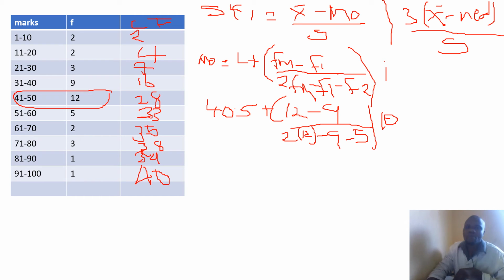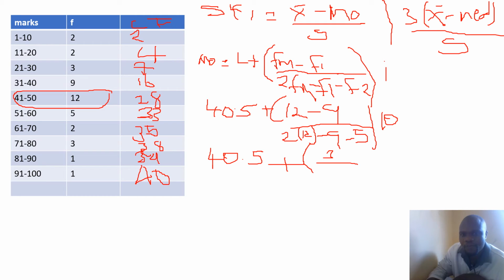So when we add all this, we get 40.5, then plus, this one is 24, this one is 3. Out of this, 2 times 12 is 24, then minus 9 minus 5, multiplied by 10.